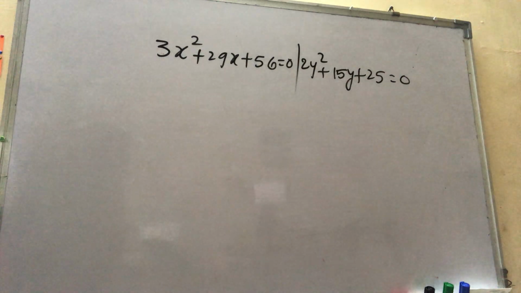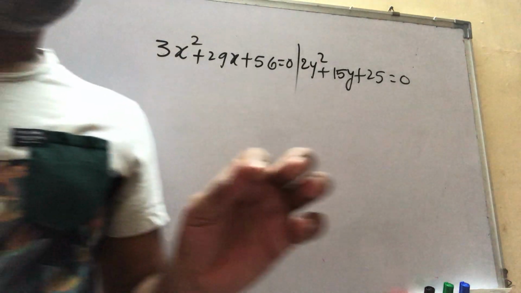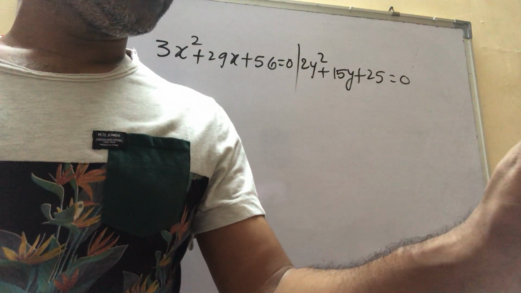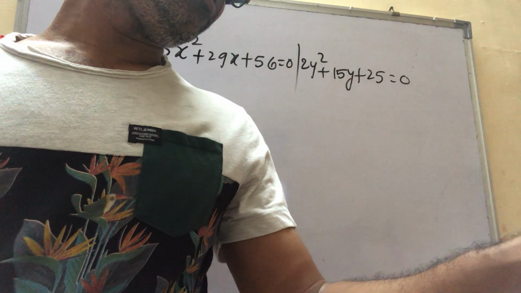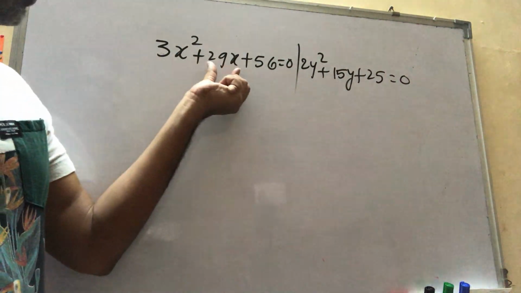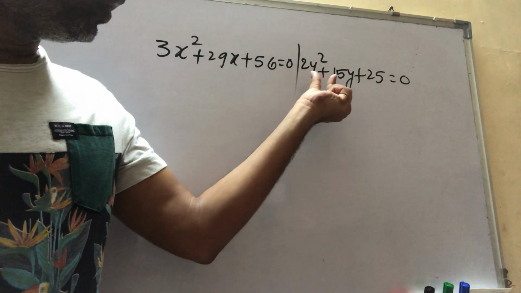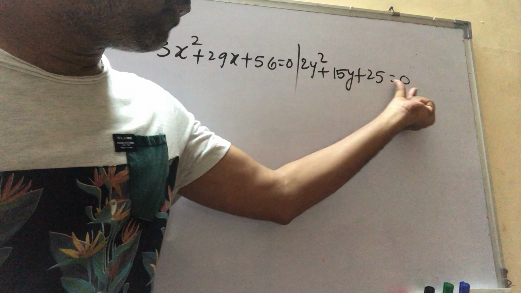Okay, find fast. Three x square plus 29x plus 56 is equal to 0. 2y square plus 15y plus 25 is equal to 0.